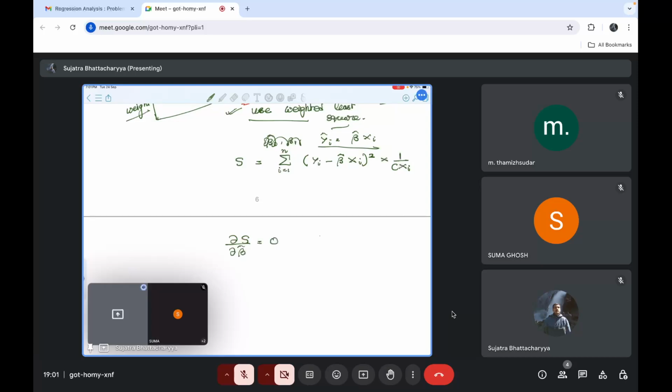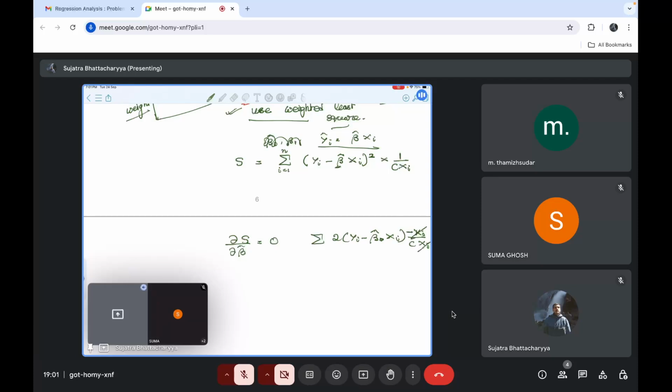So if you do that, what do you get? This is the summation of 2 times yi minus beta hat xi, divided by 1 upon Cxi, and into minus xi. Correct? Because you are differentiating with respect to beta hat.